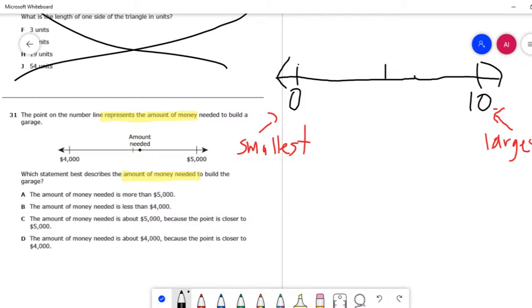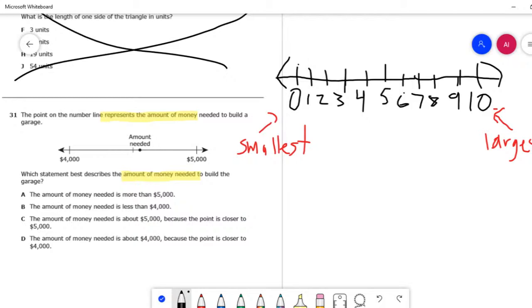So for example, halfway we will have 5. Between here we have 1, 2, 3, 4, 5. Let's label those quickly. 1, 2, 3, 4, 5, 6, 7, 8, 9, and 10. And generally the spacing between each number is pretty equal in order to make it all easy to visualize.